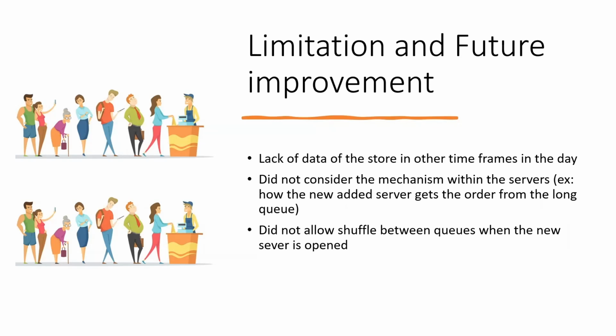And thirdly, we do not allow shuffling between queues when the new server is open. In practice, people often change queue when they see an empty slot in the queue beside them.